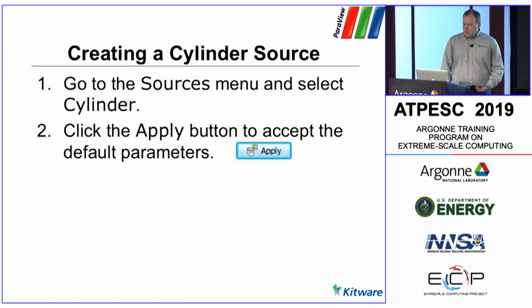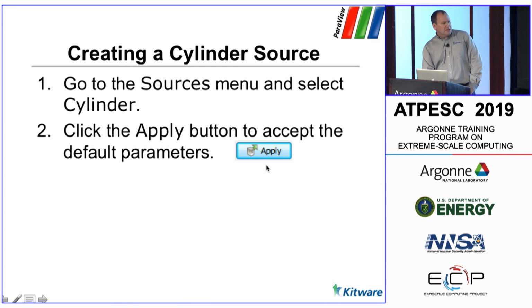And once you select the source, you generally will see no change, other than this button, green button or blue button, depending on your operating system, will be emphasized on the Properties tab. And you don't actually see anything until you hit that Apply button.